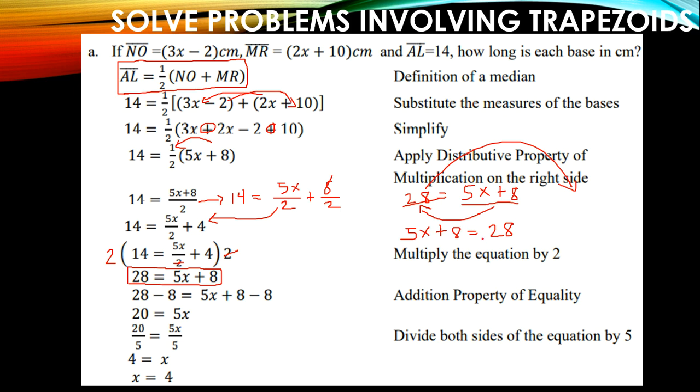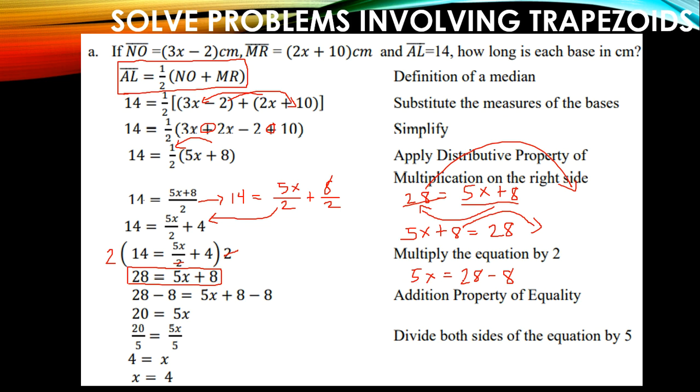So since we have the 8, which is the whole number at the left side of the equation, ang 8 i-transfer na to sa right side sa equation. Okay? So, mao na siyang 5x equals 28. Then, since this is positive sa left, negative sa right. If you're going to transfer it to the right side of the equation, it becomes minus 8.